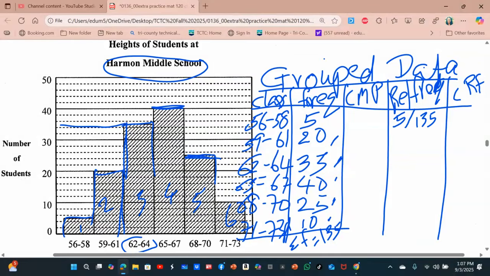In the next unit, this will be another way to ask what is the probability that if you select a student at random, that student has a height between 56 and 58.